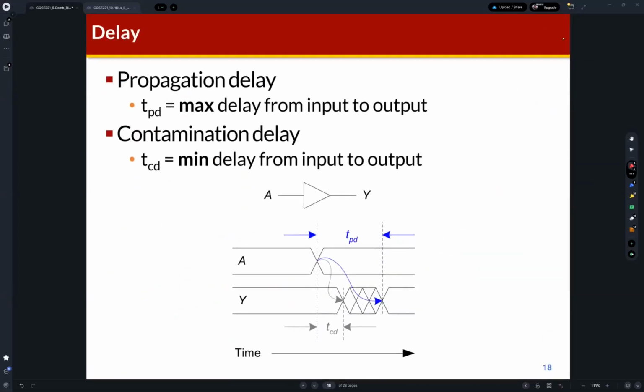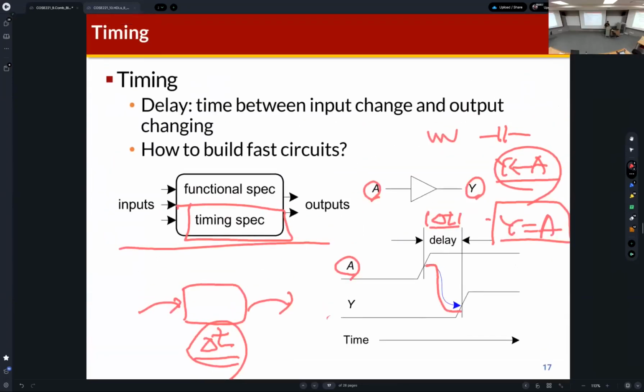Okay, there are two kinds of delay. When we consider the delay of this module, the delay is called the propagation delay and the contamination delay. I believe this is a new concept because, as I mentioned, you are very familiar with software code like y equals a, where there is no delay.